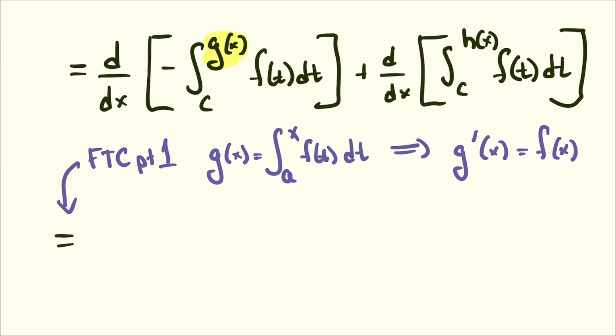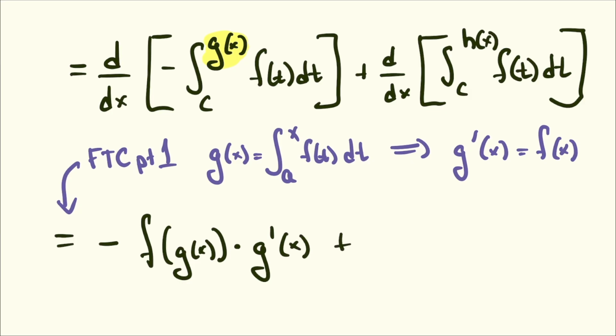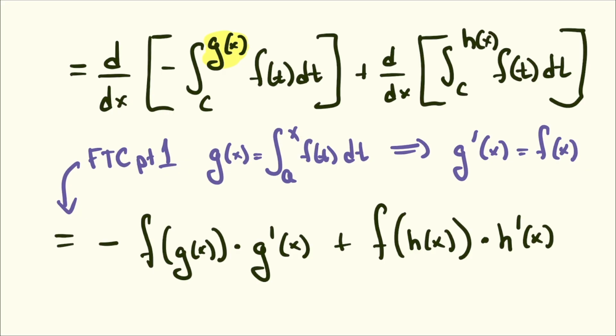Our negative sign stays out front. We're going to punch in that g of x, and then we're going to multiply by g prime of x. And we're going to do that for our second equation as well. We're going to punch in our h of x when we take our derivative, and then we're going to multiply by h prime of x.